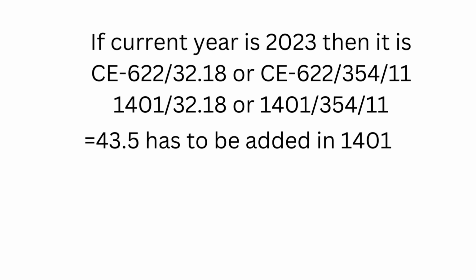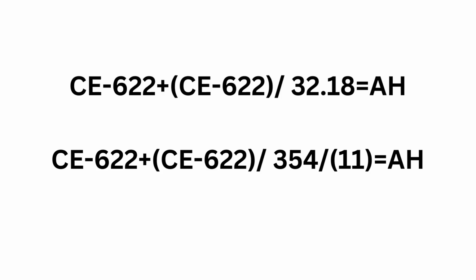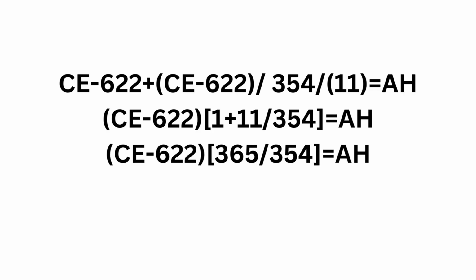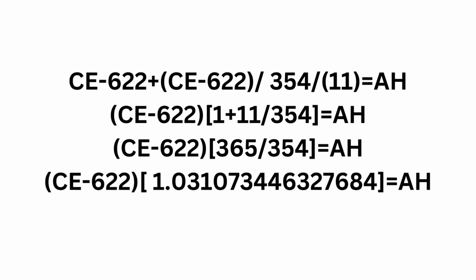Thus equation looks like CE minus 622 plus CE minus 622 whole divided by 32.18 or 354 by 11. After simplifying this equation or taking the factor CE minus 622 out, we are left with CE minus 622 into 365 by 354, or CE minus 622 into 1.03 is equal to current Islamic year.